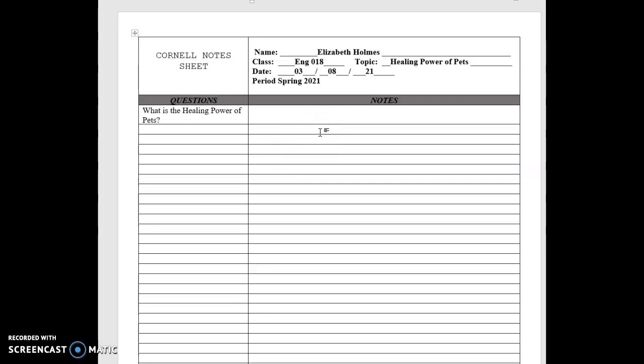And I find my first mark that I marked in the text, and it's in paragraph 2, and it's the main idea. So I am going to write then the main idea over in the notes column. I'm just copying it down.